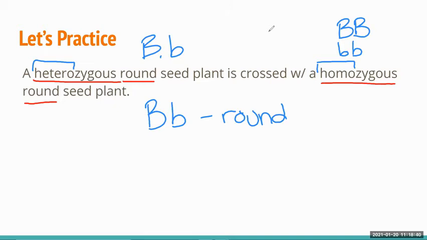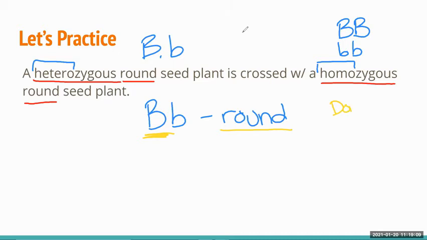So going back to our heterozygous round seed plant, heterozygous means that you have one dominant and one recessive again, right? So the reason it is round is because it has that dominant trait. So kind of working backwards, you can assume that the dominant trait here is a round seed because this heterozygous is round and we always see the dominant trait.